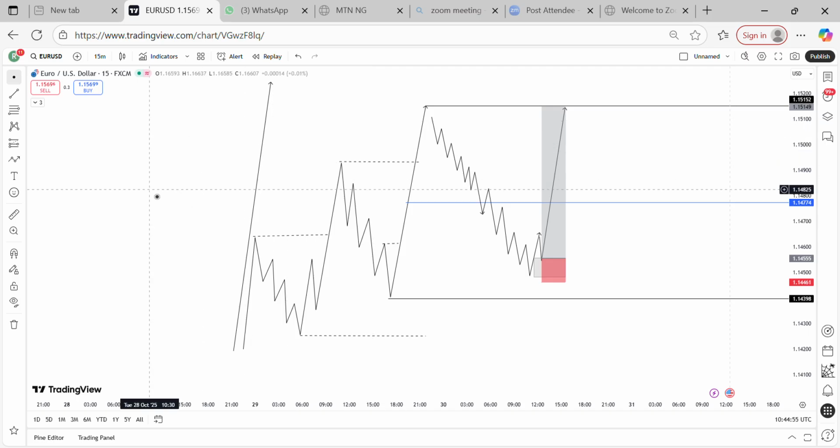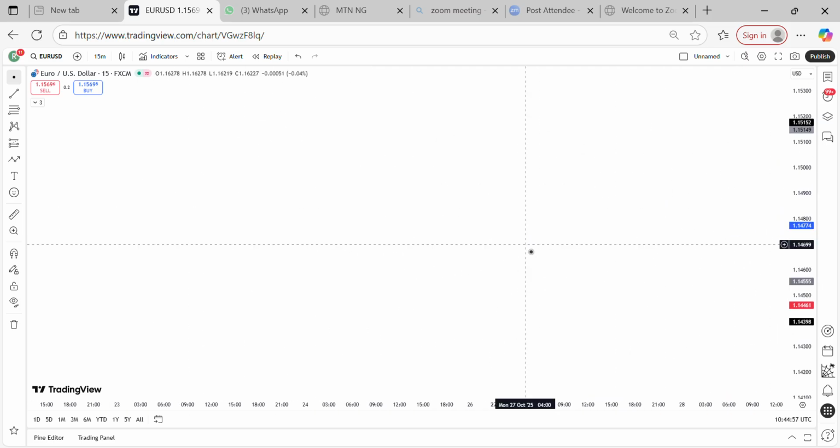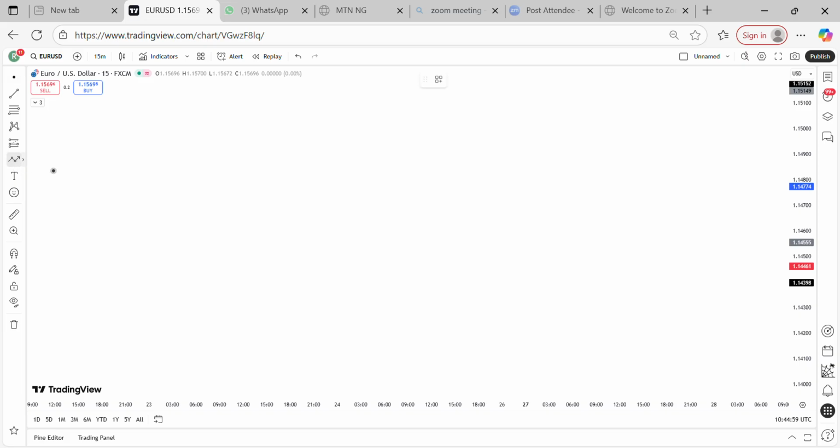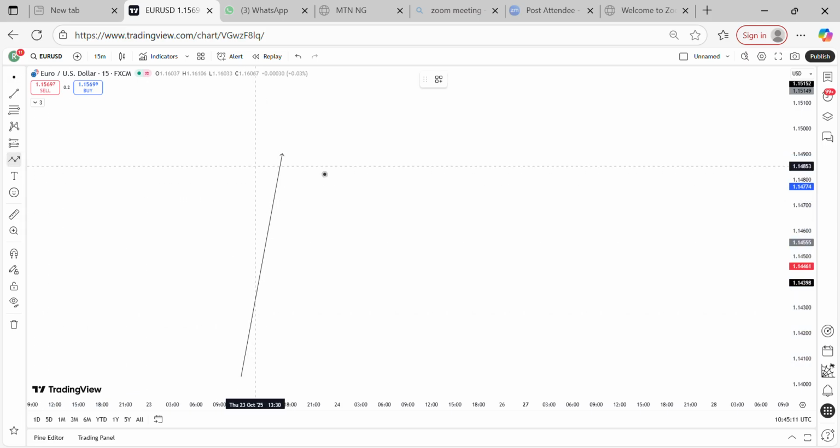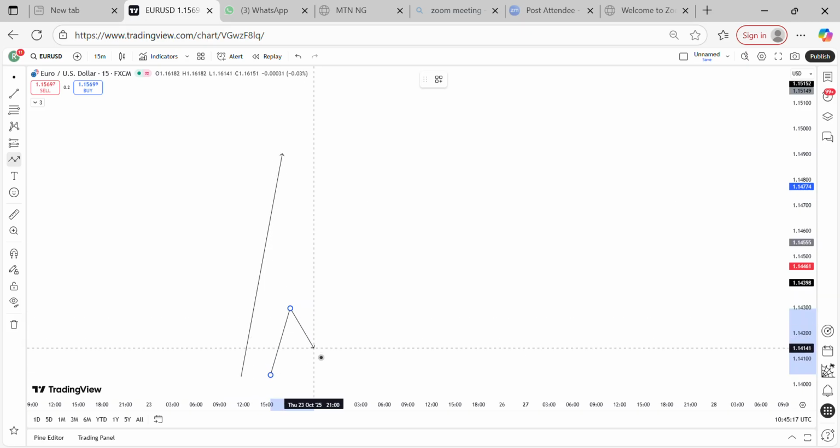I think I have to do a new one. Remember, from this point to this point is your 4-hour time frame. Now inside the 4-hour time frame, when you switch to 15 minutes, you get something like this, then something like this, continuously having an internal bullish market structure.